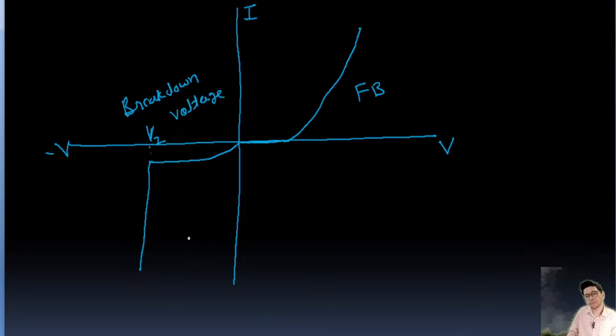So this is the graph for reverse bias, and this is the graph for forward bias. Initially in reverse bias the current is very less, but at the breakdown voltage the current increases rapidly.